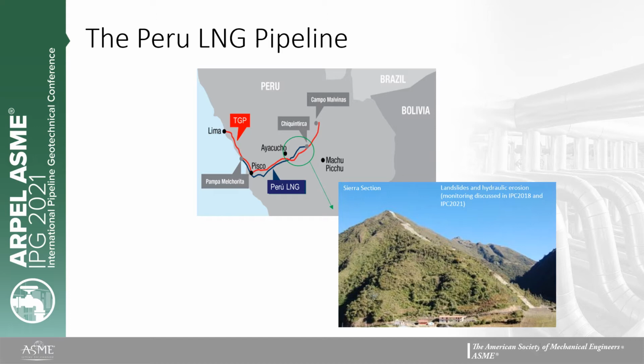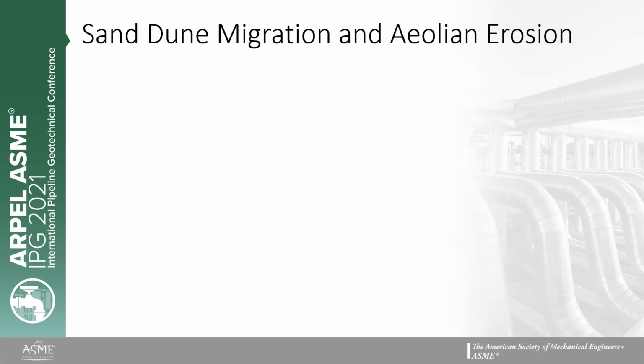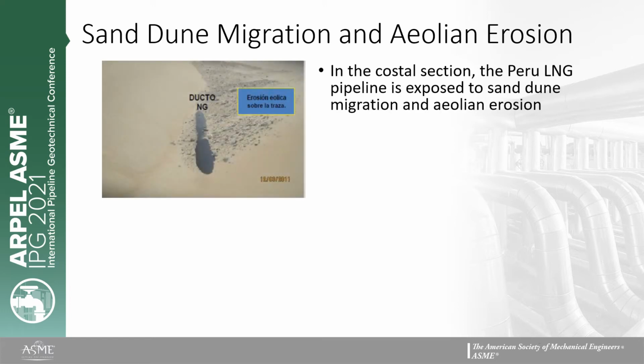The coastal section of the pipeline crosses a sand dune over roughly 50-60 kilometers, from valve station 10 to valve station 12. And that specific section is exposed to aeolian erosion and sand dune migration. The sand dune migration is a challenge for the pipeline, because it can leave the pipeline totally exposed on some sections.